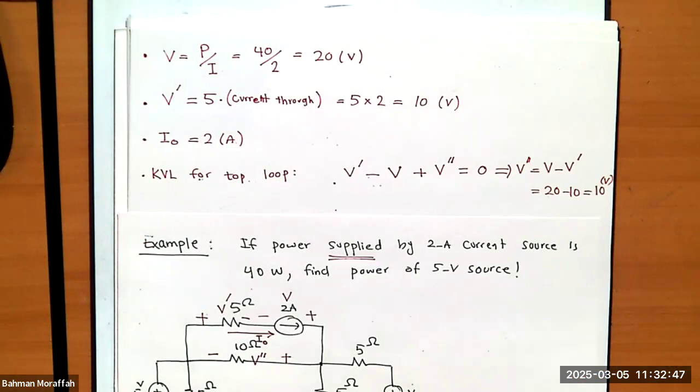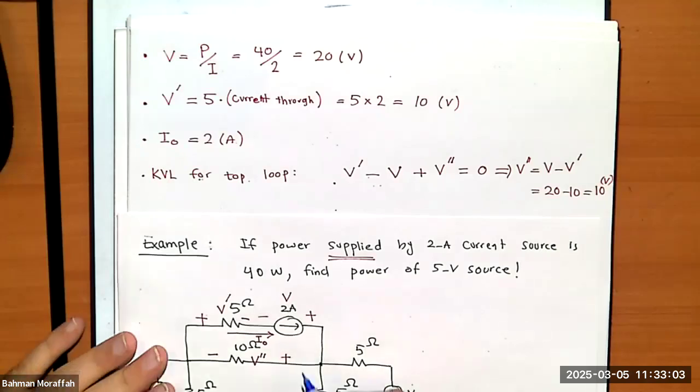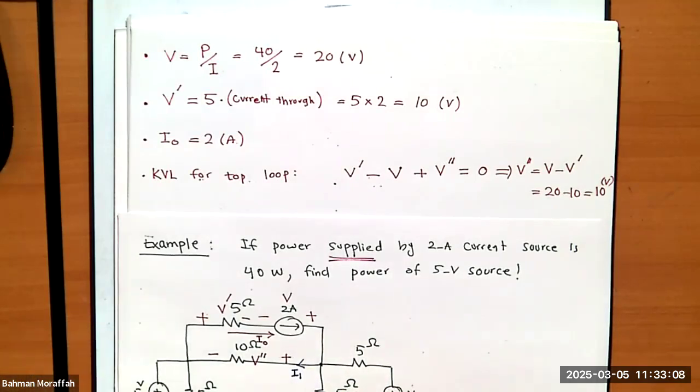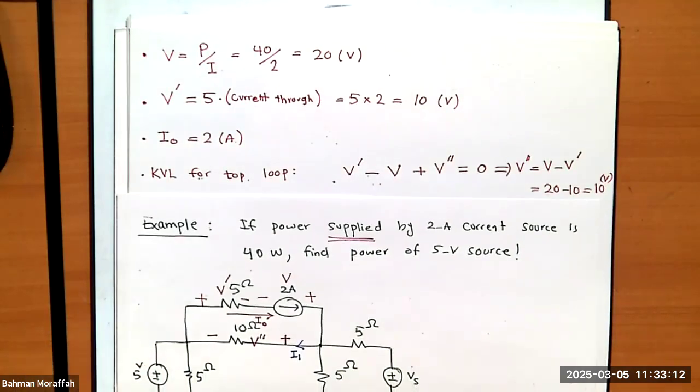Right? So I know voltage across this guy. As soon as I know voltage across it, I know exactly what current through it is. Do we? Of course. So let me call this current over here I1. What is I1? Again, I1 is hitting the positive sign.